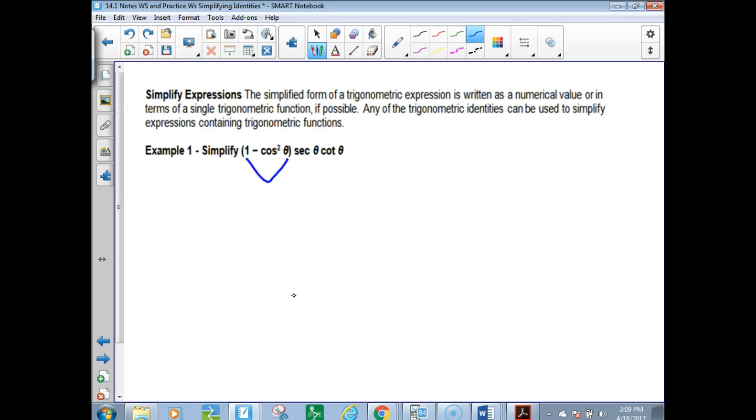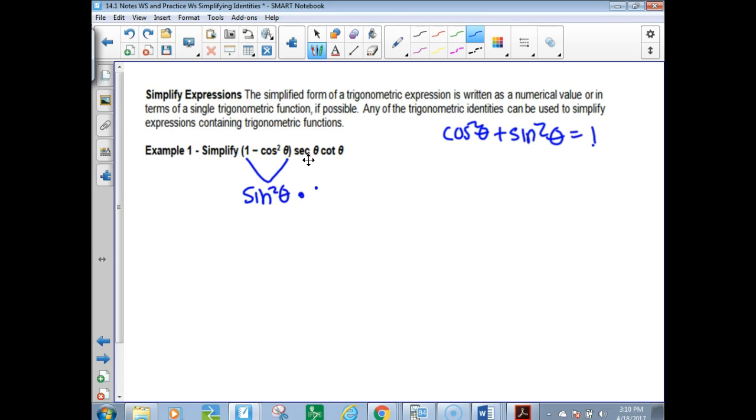What can I trade that with? Sine squared is 1 minus cosine squared, so I'm going to trade that for a sine squared theta. I am going to trade the secant for a, what can I trade secant for?